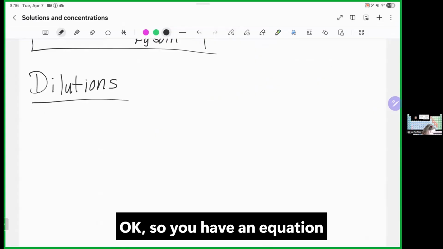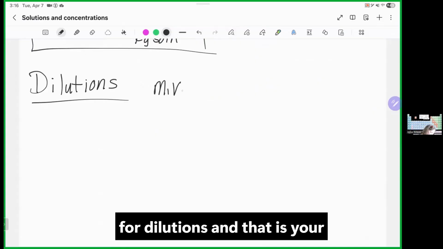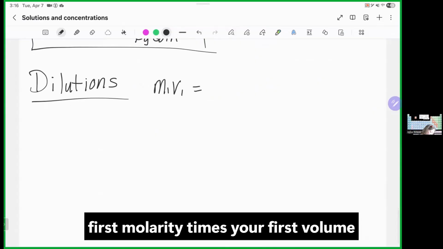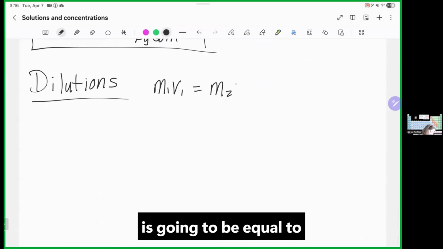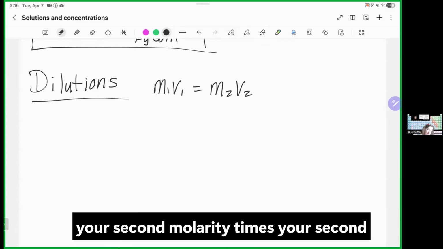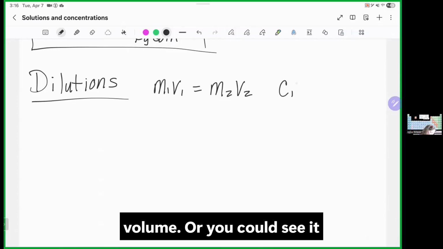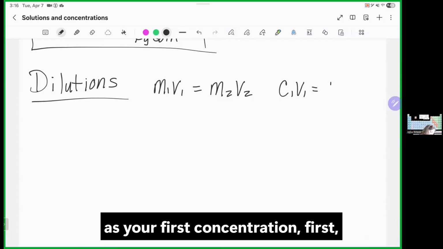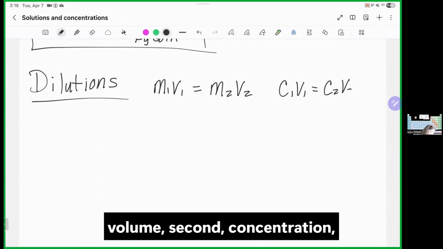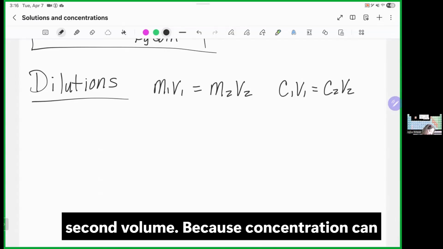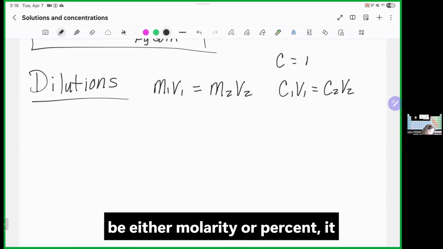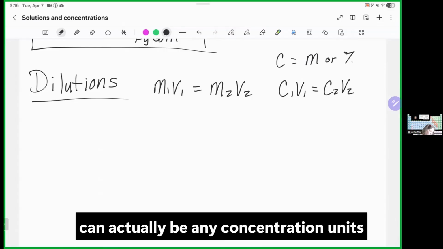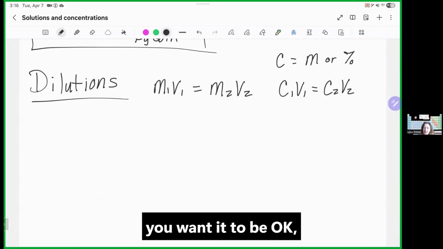Okay, so you have an equation for dilutions, and that is your first molarity times your first volume is going to be equal to your second molarity times your second volume. Or you could see it as your first concentration, first volume, second concentration, second volume. Because concentration can be either molarity or percent. It can actually be any concentration units you want it to be.